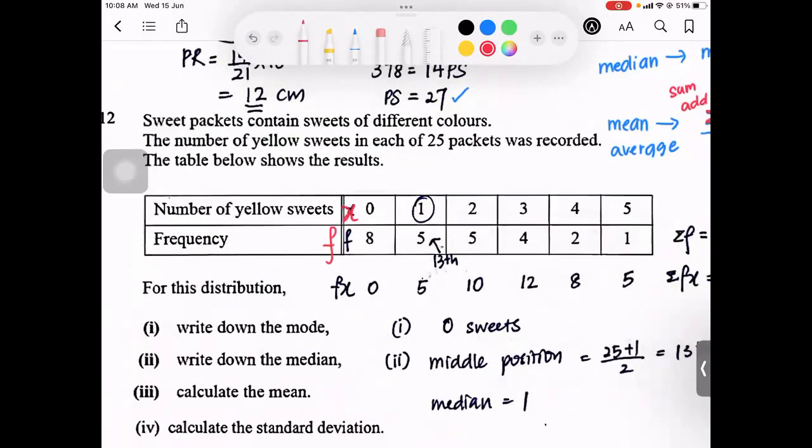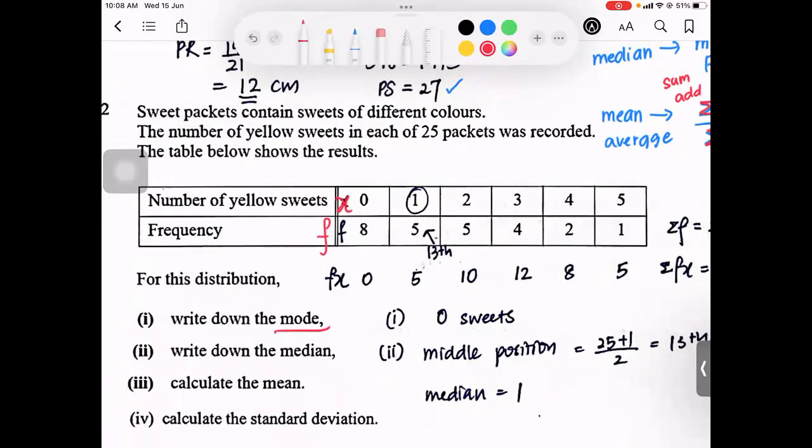Write down the mode. Mode means the one that is most common, most popular, with the highest frequency. The highest frequency is 8, but 8 is not the answer. The data value is 0 sweets, 0 yellow sweets.